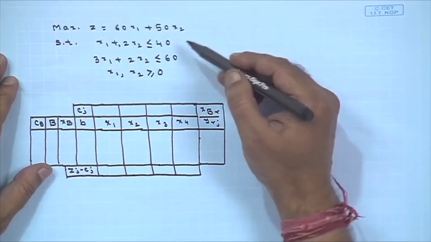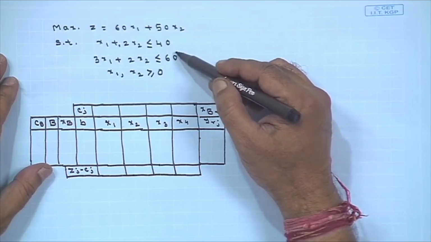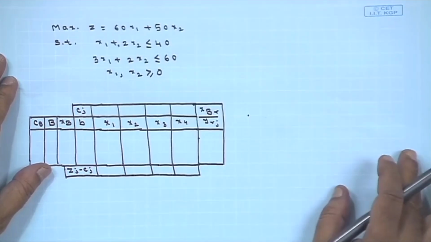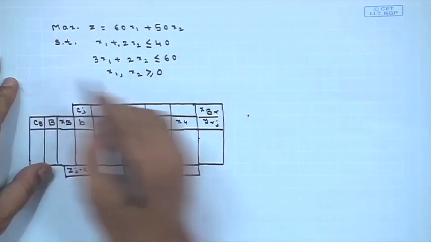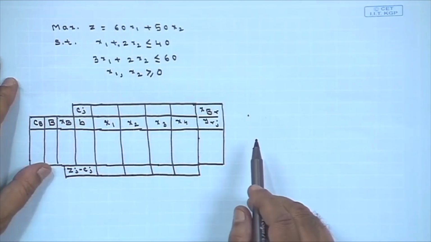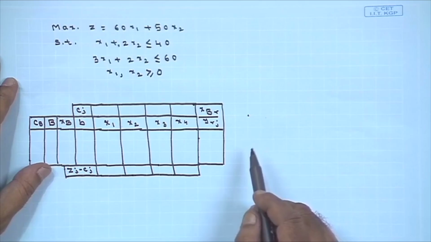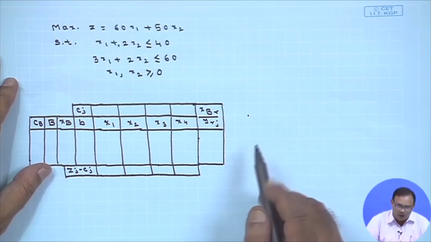Since I have 2 less than equals constraints, first thing is I have to convert them into the equality type, and I can do it by using the slack variable. This we have done earlier: whenever you have a less than equals type equation, by adding the slack variable I can make it an equality type.